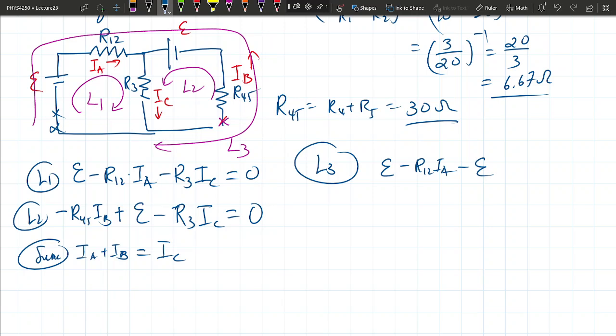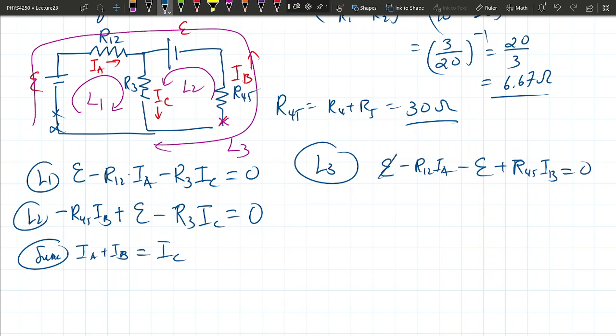When I reach here, I'm going opposite direction of the current, so instead of dropping in voltage, I'm going to gain that. Imagine that as if the current's flowing down and you're climbing uphill against the current; you're going to gain voltage. So I'm going to gain R45 times IB amount of voltage. Now I end up on this other side, and I just want to reach this side. Therefore, all of this is actually 0.